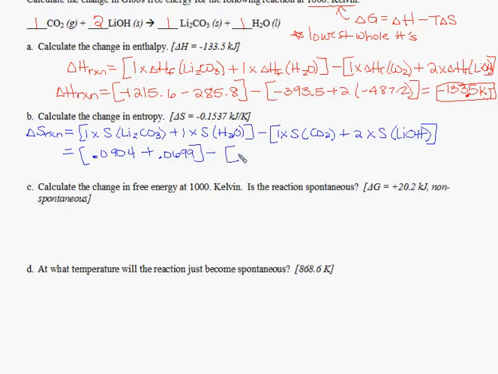We want the carbon dioxide, and that's going to be 0.2136. And again, 2 of the lithium hydroxides, so 0.0502.